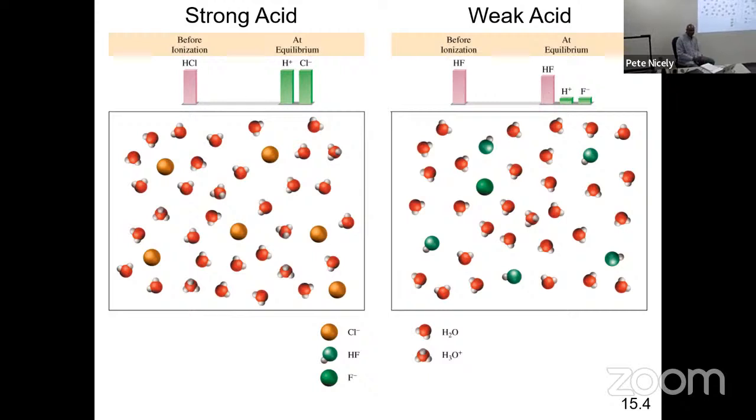So if you could see the particles, you'll see basically more HF molecules than H plus and fluoride ions, all right? So that's basically how we can understand the difference between the behavior of strong acids and weak acids. Strong acids will undergo complete dissociation when added to water, while weak acids will undergo partial dissociation, all right? So that's the difference between those two.